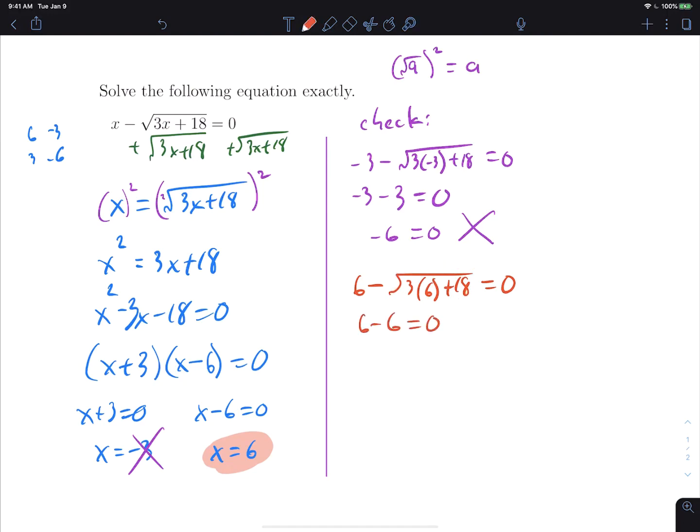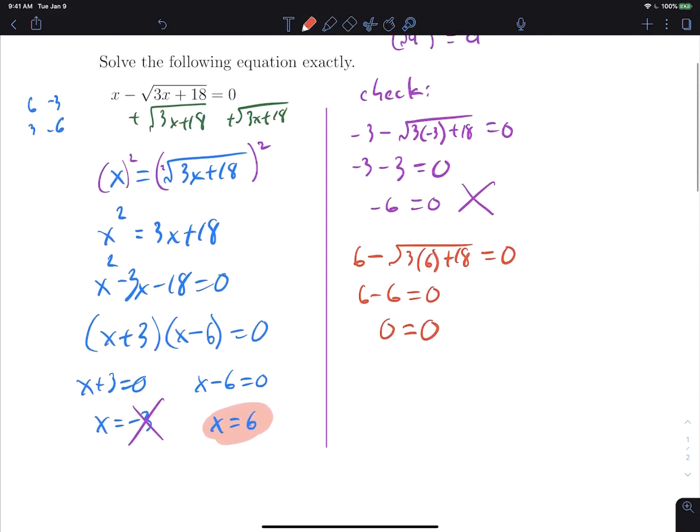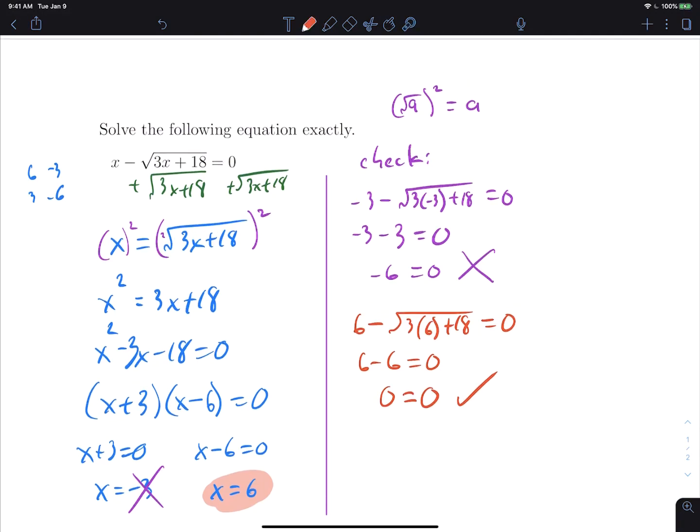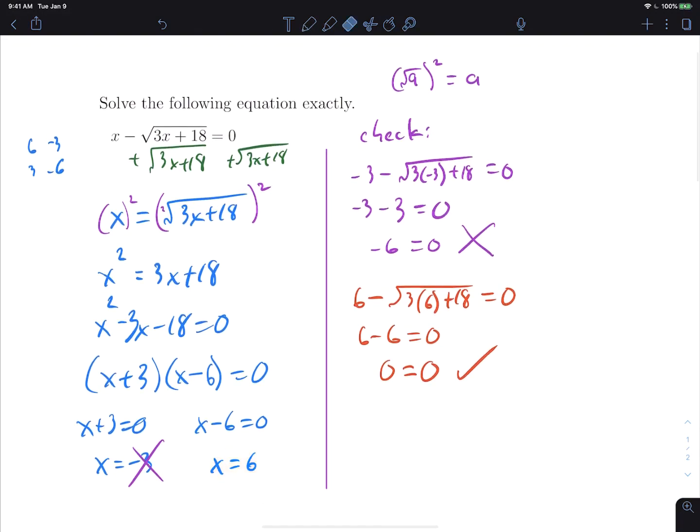So this gives us 6 minus 6 equals 0. And notice that 6 minus 6 is 0, so we get 0 equals 0, and that is what we call an identity. Therefore, yes, this is, in fact, the solution to the original equation. In other words, we have a solution here, and that solution is 6. Awesome.